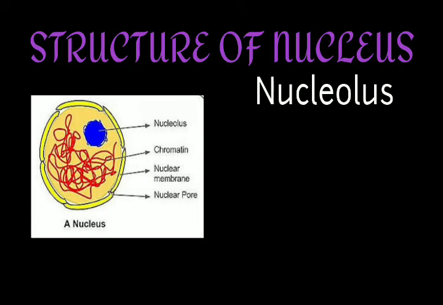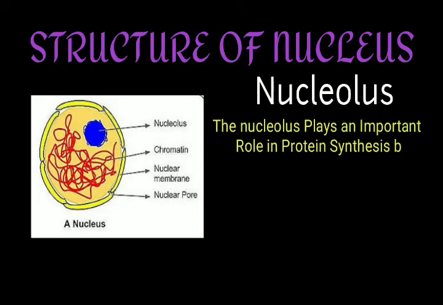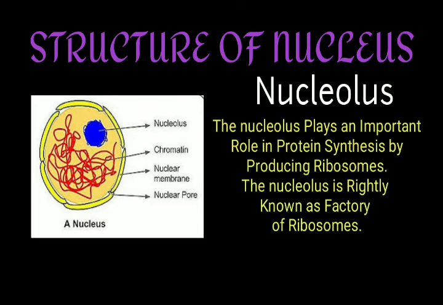Right? Now, the next part of the nucleus is nucleolus. Inside that big ball, the so-called nucleus, there is a small ball, that is called nucleolus. It is dense and also of circular, spherical shape, right? So what is the function of this nucleolus? The main function of the nucleolus is to help in protein synthesis.